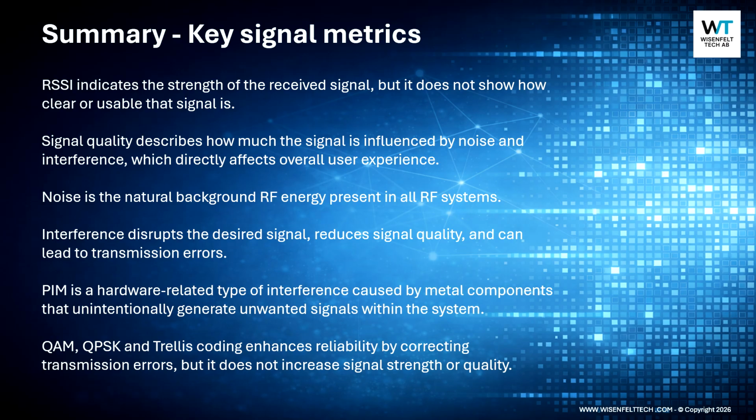However, these techniques do not increase signal strength or remove interference, they simply make the system more robust under challenging conditions. Overall, this course has given us a practical understanding of how signal strength, signal quality, interference, and error correction together determine real-world wireless performance.